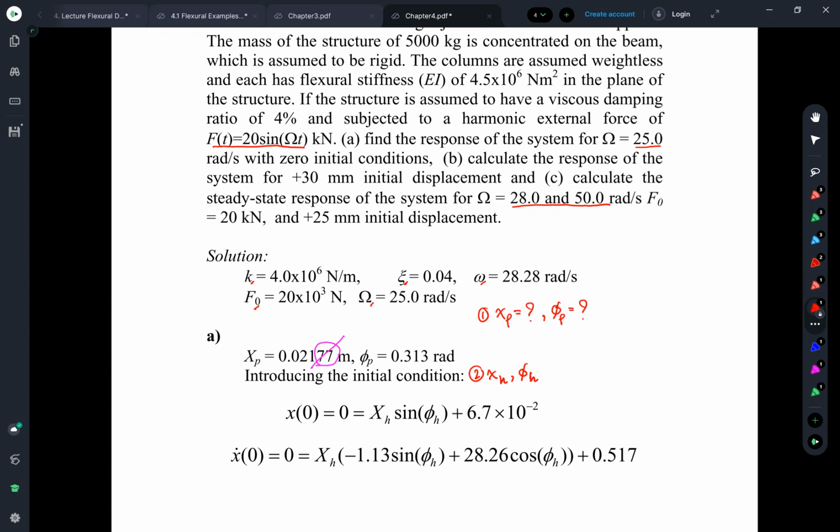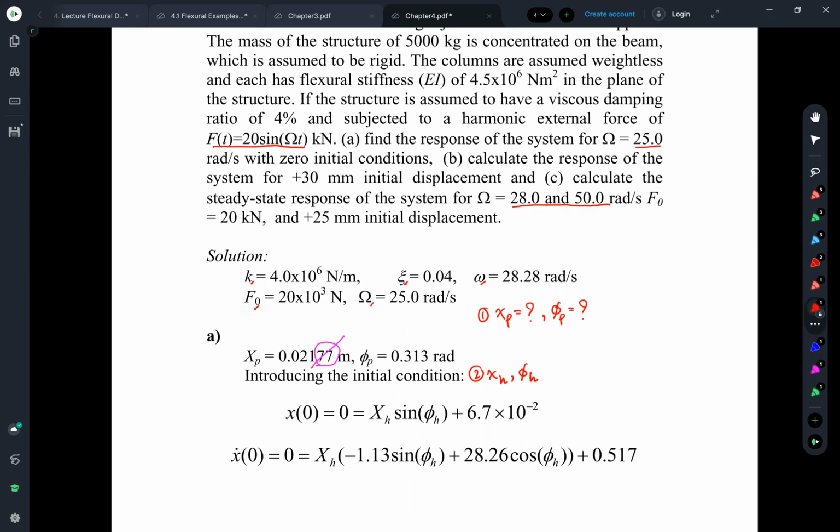Even though the initial conditions of the system are zero, initial displacement zero, initial velocity zero, you cannot say that the xh and phi h will be zero as well. And this example shows you that it's not zero. Why is it not zero?